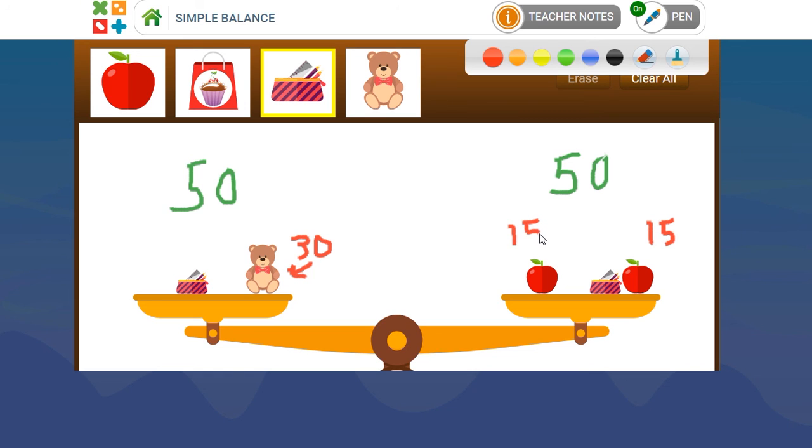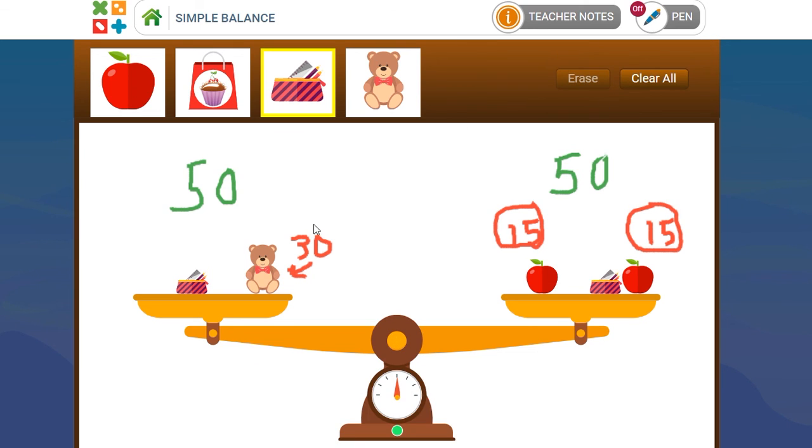The question for the children is, what is the weight of the pencil case? So children have to work out the weight of the pencil case. And again, on their dry white marker boards, you would ask them to work that out. So they have to discuss the problem and work it out.